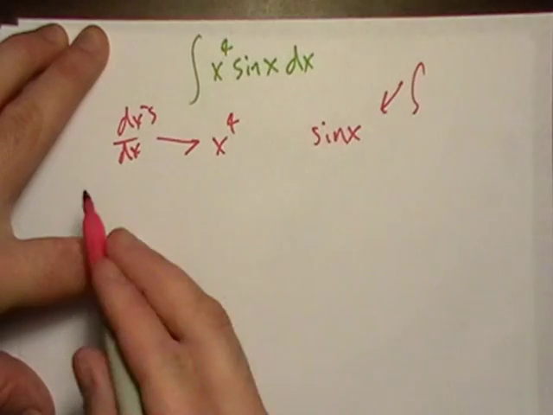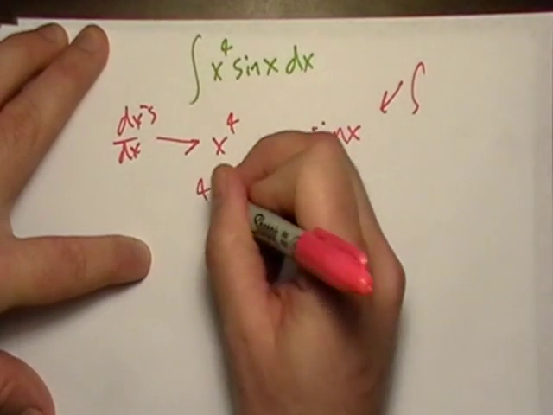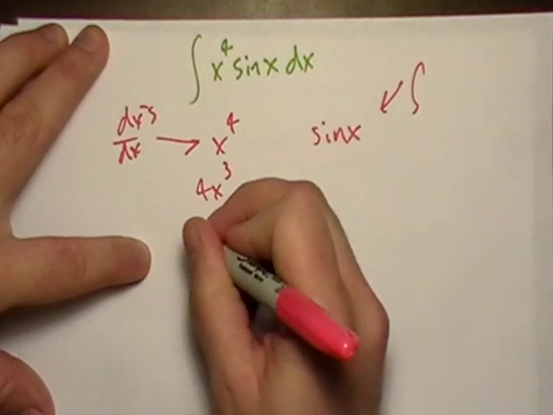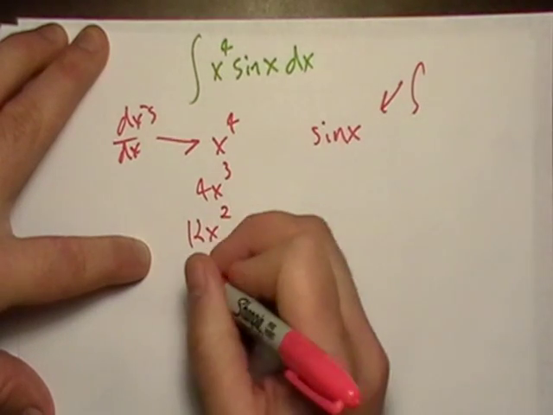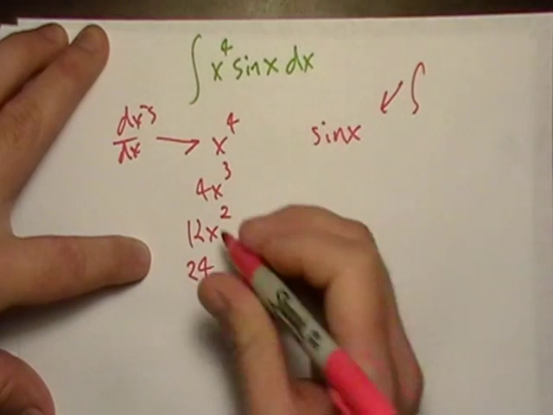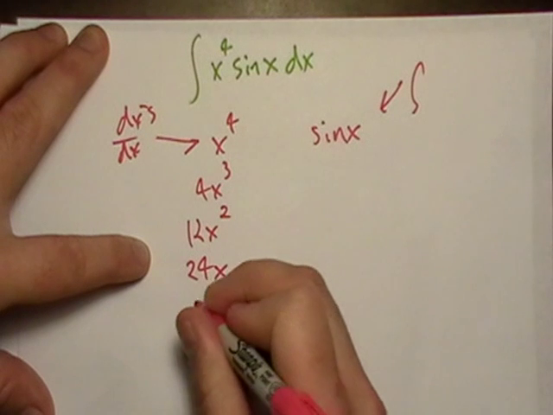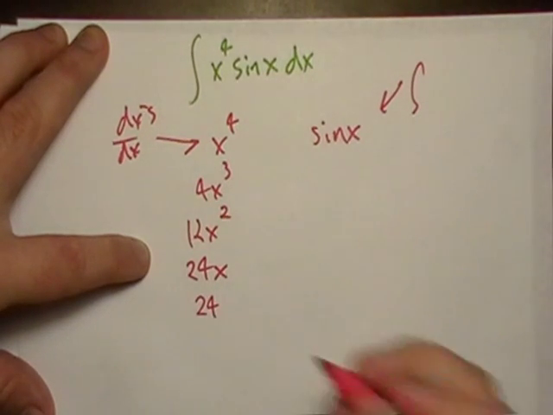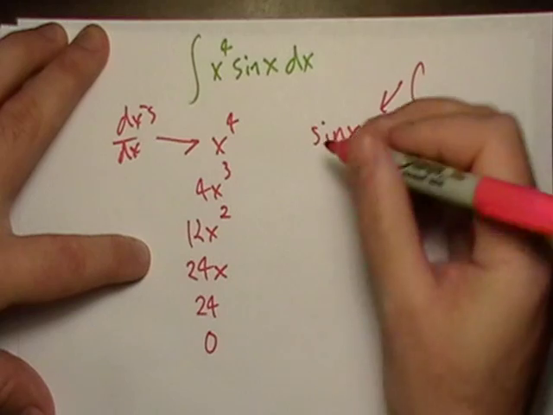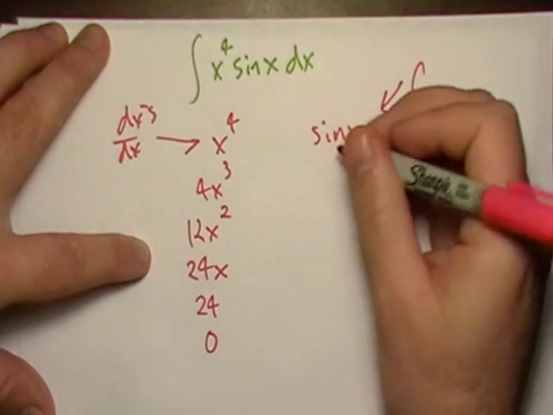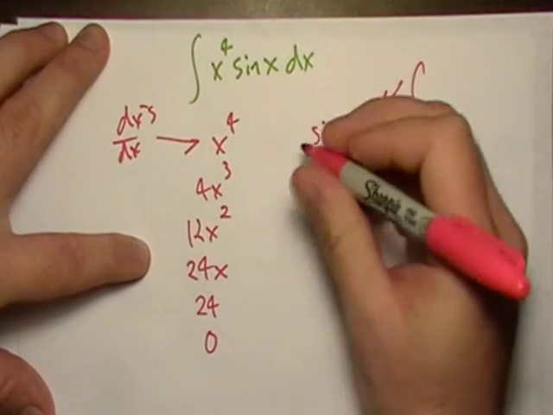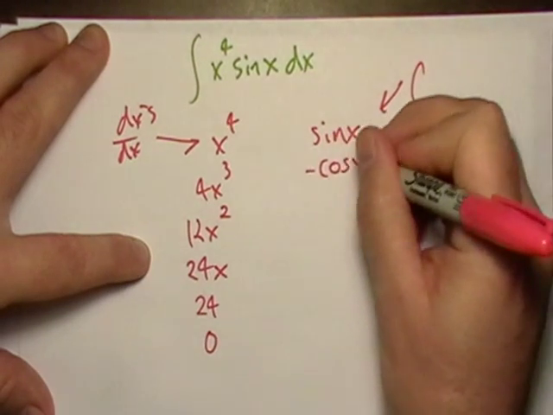So let's just go down the line. It's 4x to the third, that's 12x squared, 24x, and then 24. And the derivative of 24 is 0. On the other side, the derivative of negative cosine will give me sine.